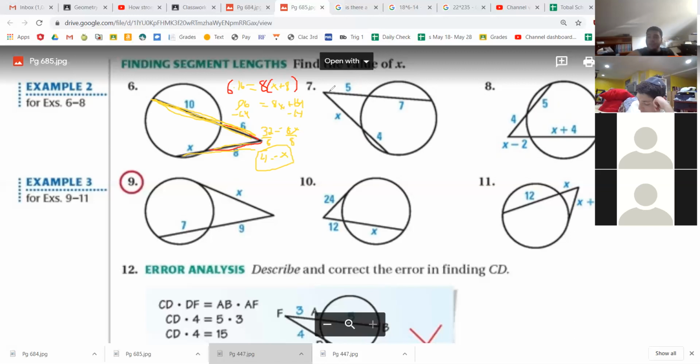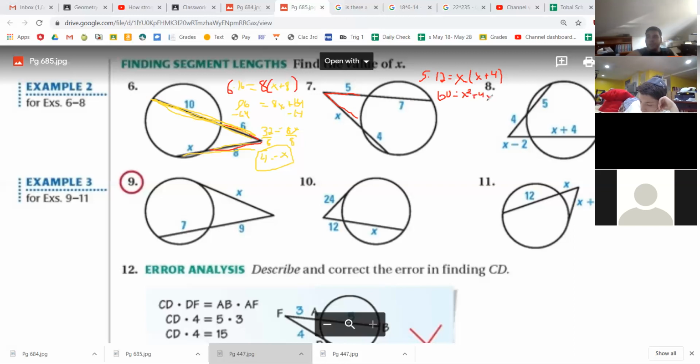Number 7 is going to cause that issue which we might not like, which is we're going to have factoring involved. Let's do this top part first. So 5 times the whole, 5 plus 7, which is 12. That's going to equal x times the whole thing, x plus 4. Let's do some math. This is 60 equals x squared plus 4x.